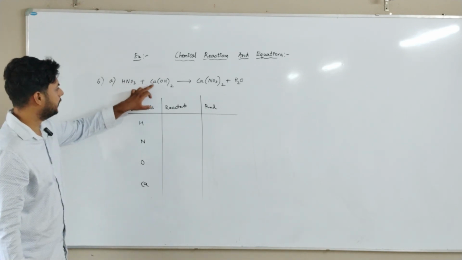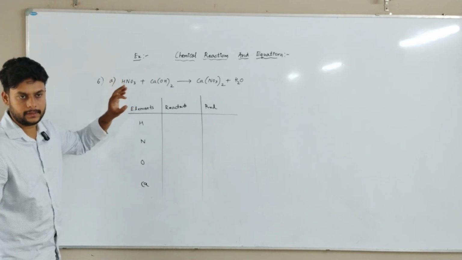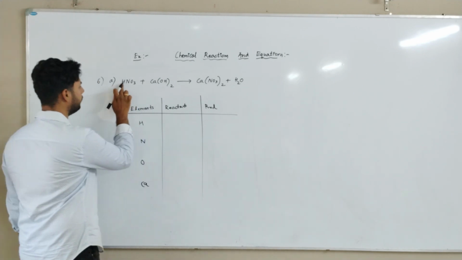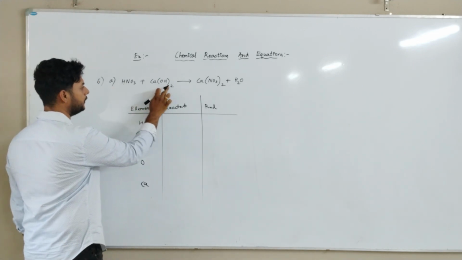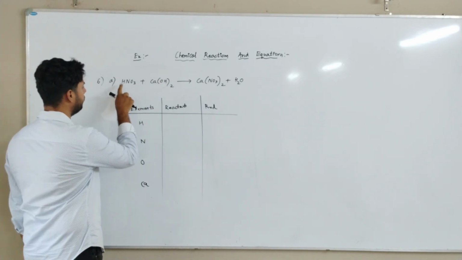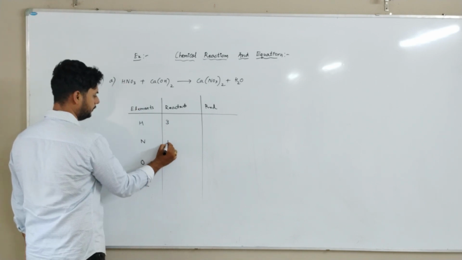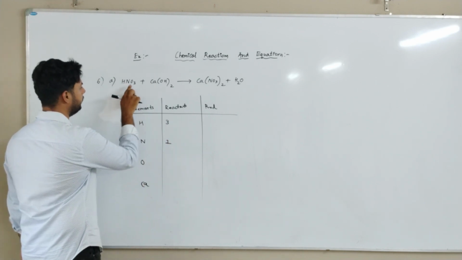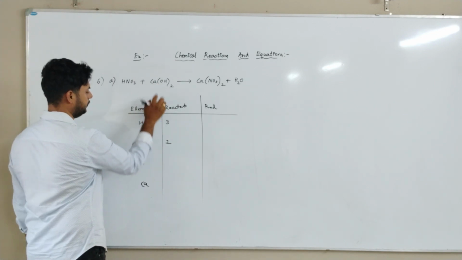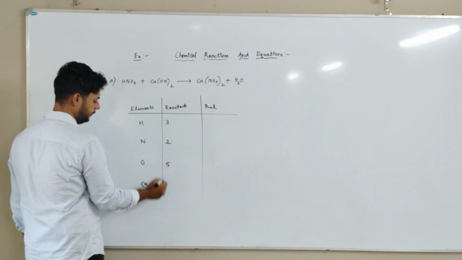Hydrogen, nitrogen, oxygen, calcium. Oxygen, hydrogen. If I break, it's not OH. Oxygen, hydrogen, hydroxide. So hydrogen, how much I have? Here 1 I have. Here how many I have? 2 I have. OH twice means O2 are there, H2 are there. Okay. So here 1 I have, here 2 I have. Total 3. Nitrogen 1. Oxygen, here 3 I have, here 2. 3 plus 2, 5. And last calcium, only 1 I have.